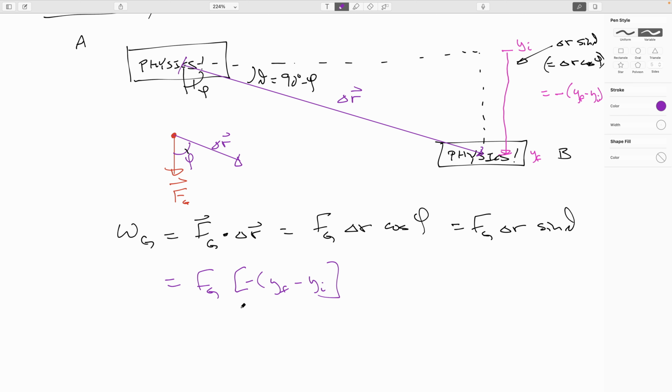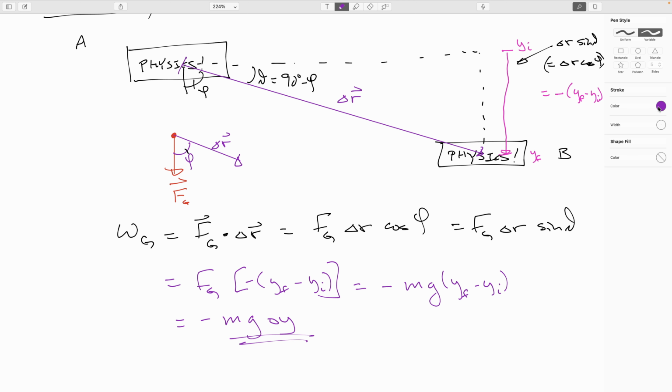And the force of gravity is, of course, mg. I'll pull the minus sign out and have minus mg times y final minus y initial. And hey, that's just a change in y. So I will write this as minus mg delta y. So that's what it is along that path.